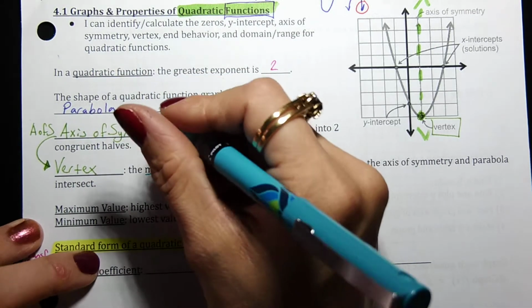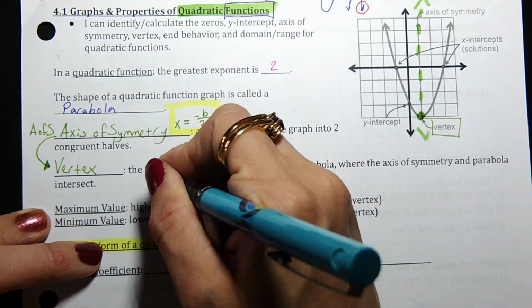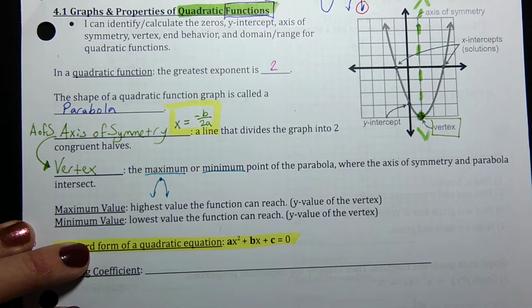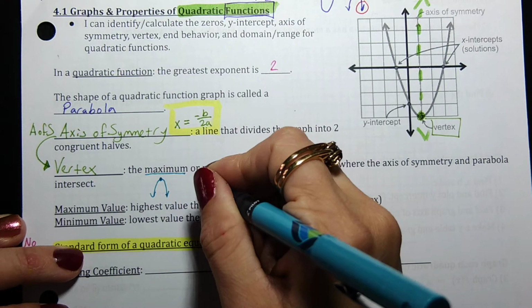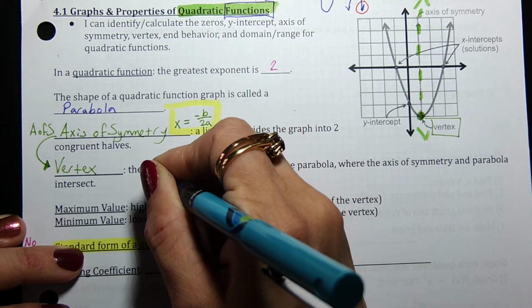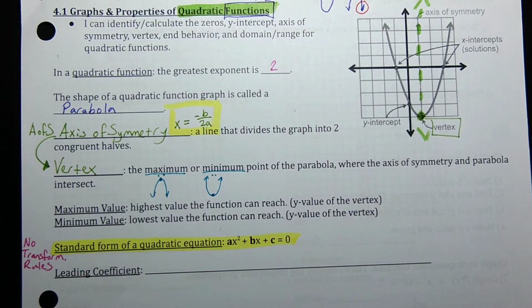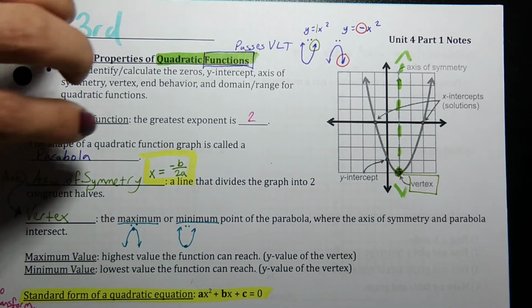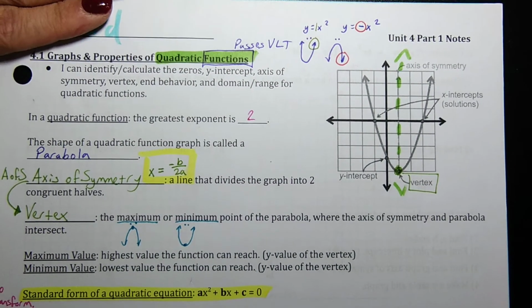If it's a sad graph, then it has a high point, maximum. If it's a happy graph, then it has a low point, minimum. So that will be dependent on whether it's happy or sad, and based on if our leading coefficient is positive or negative.